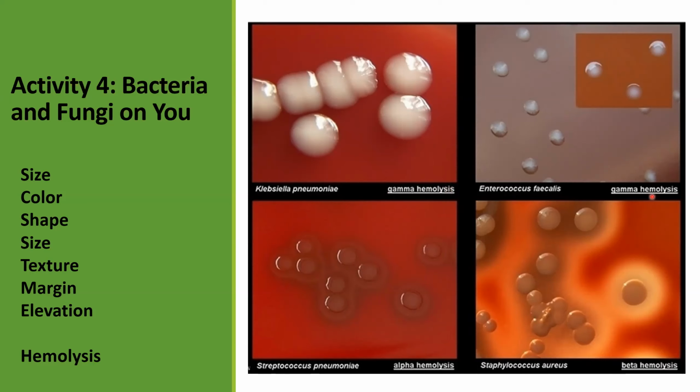And then depending on to what degree it consumes the blood, it is either referred to as alpha hemolysis or beta hemolysis. As you can see, the beta hemolysis is basically this very white-like structure because it almost completely consumes the blood, whereas alpha hemolysis usually turns this kind of grayish color.